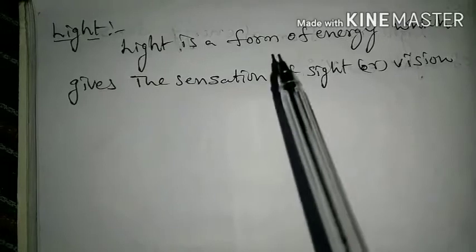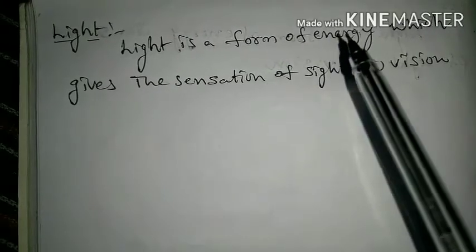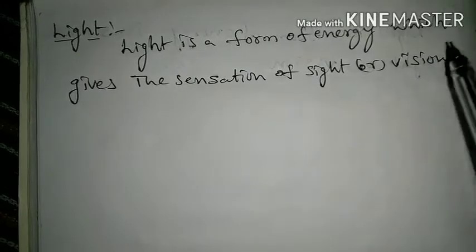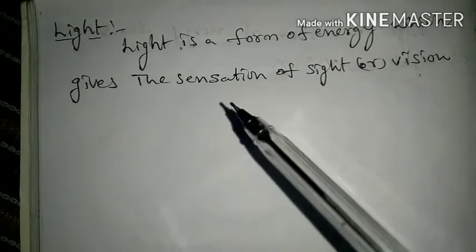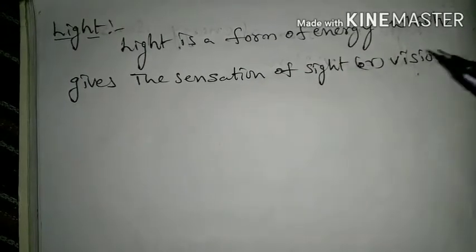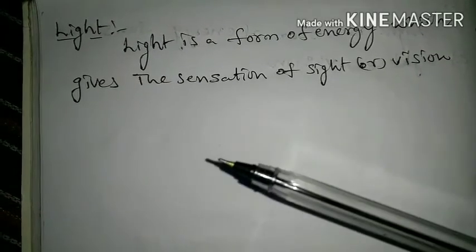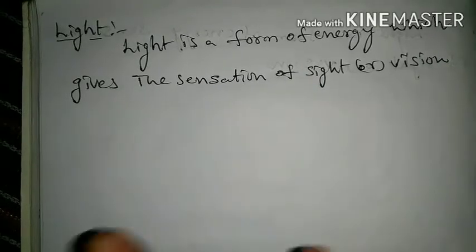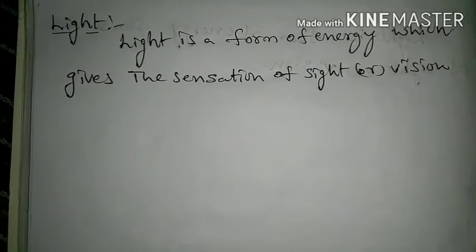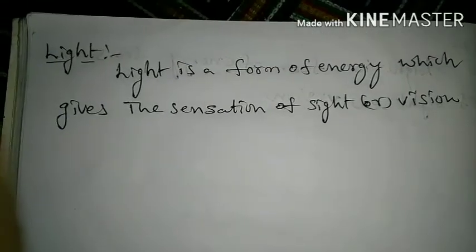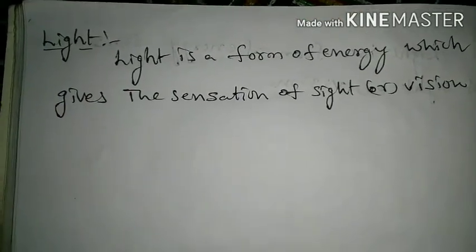Energy means the capacity to do work. Sight or vision means being visible. For example, this is a dark room.